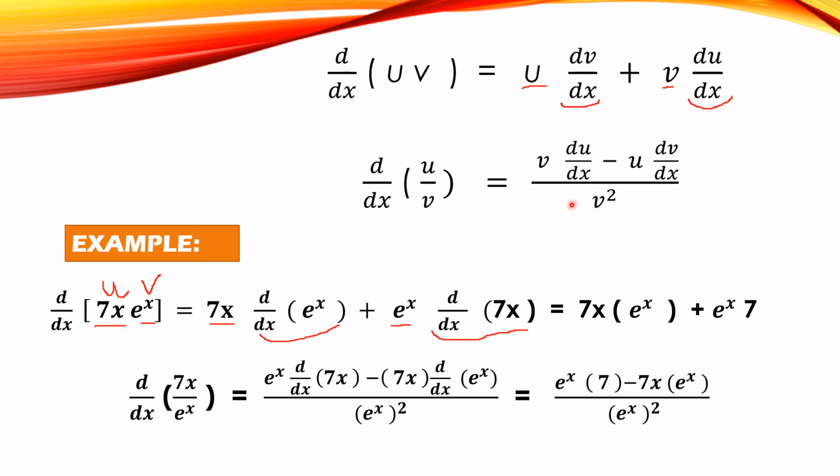Right? Now in the numerator, the second function, the denominator v as it is, multiplied by the derivative of the numerator du by dx, minus u as it is, the function in the numerator as it is, multiplied by the derivative of the denominator dv by dx.